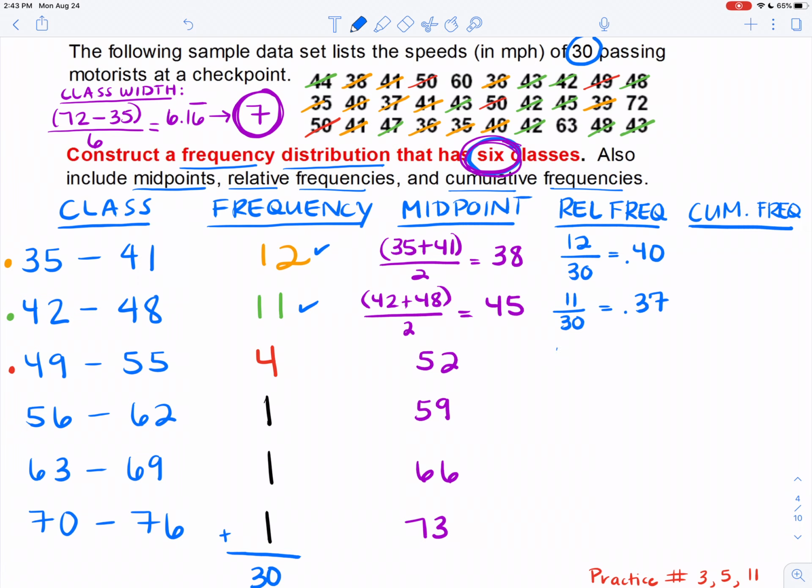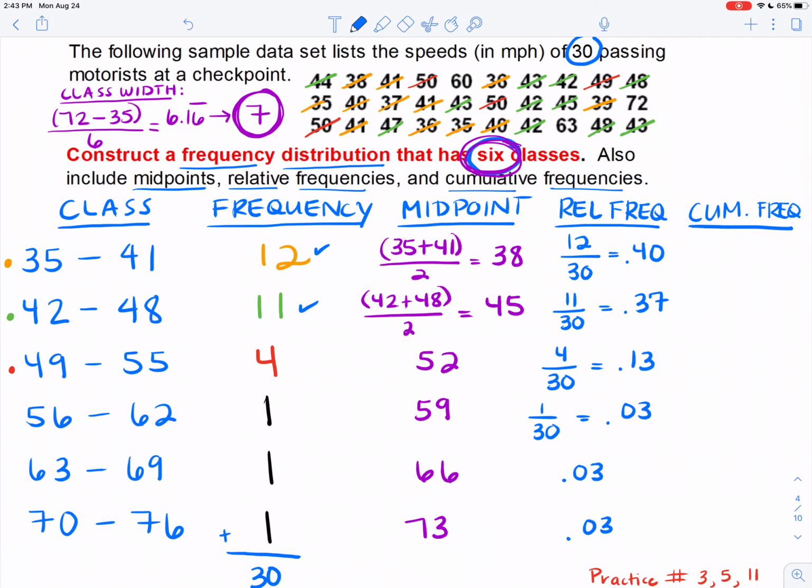And I'm going to follow that through. So my next class has a frequency of 4. Divide that by the total frequency to get the relative frequency of 0.13. And then the same thing for these last 3 classes, which each have a frequency of 1. They will have a relative frequency of 0.03.